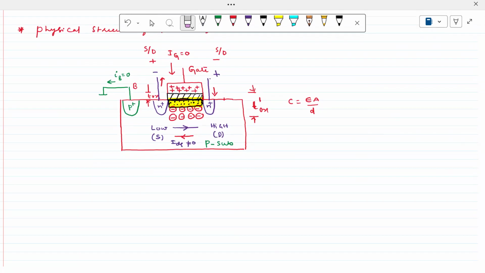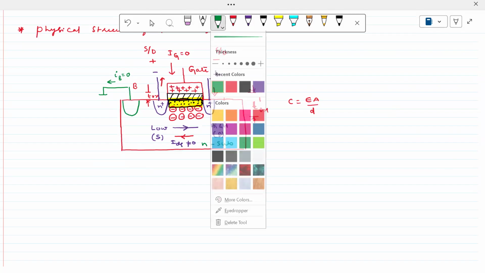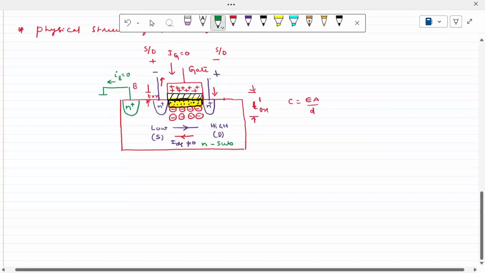What should this one be? This should be N substrate. What is the body here? Body is actually N plus. What is the source terminal and drain terminal?